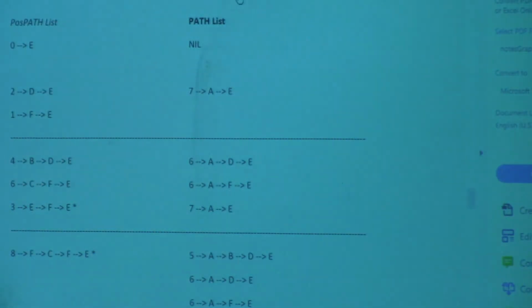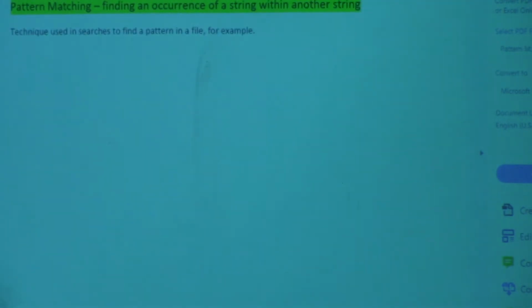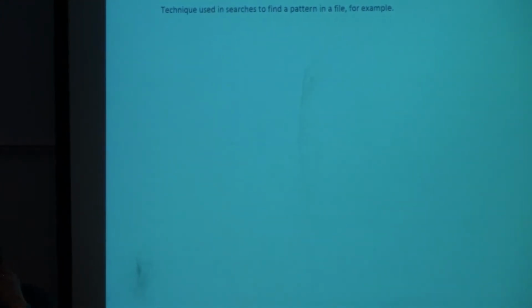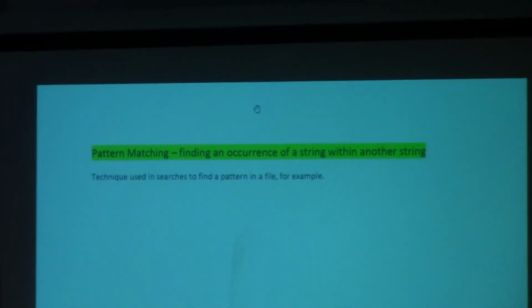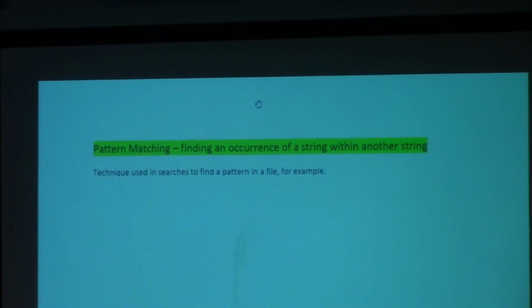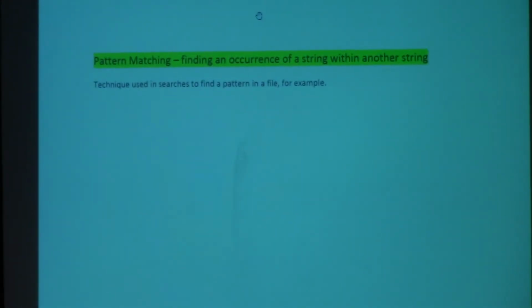All right, I want to go into another type of algorithm. So now we're going to switch a little bit and think about algorithms that deal with strings. The algorithm we're going to look at is one of the most famous string algorithms there is.